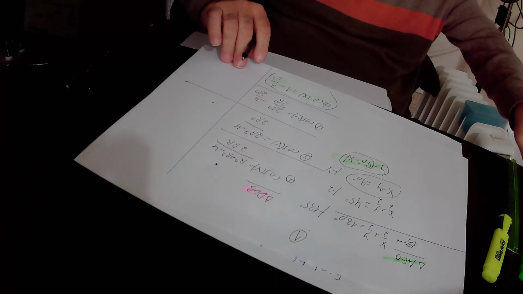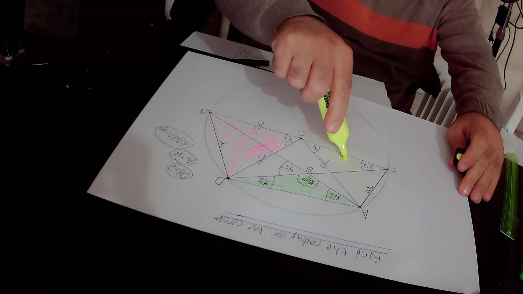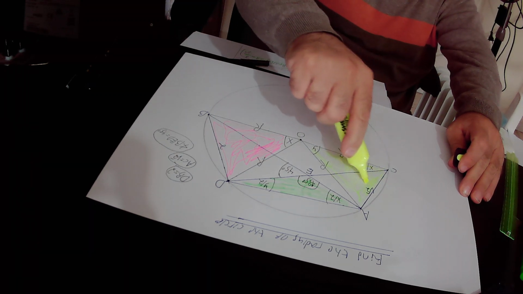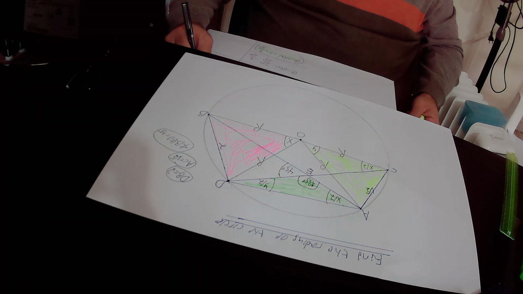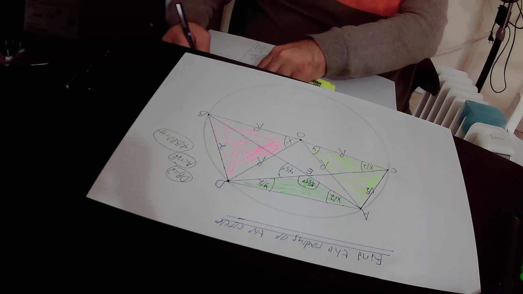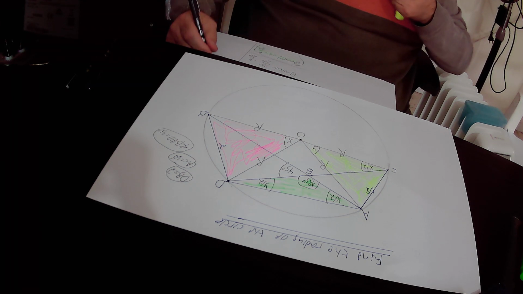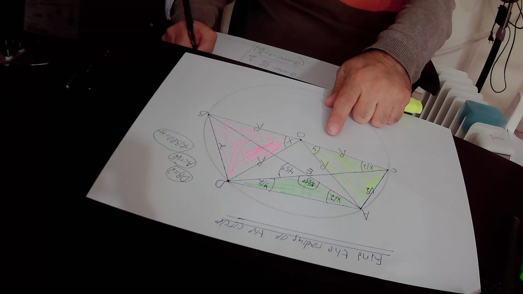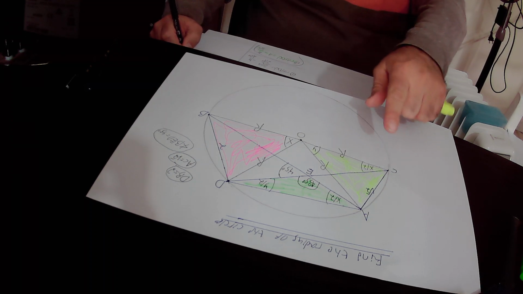In the next step, we focus on the yellow triangle ACO. According to the law of cosines, cosine y equals r squared plus r squared minus square root of 2 squared.